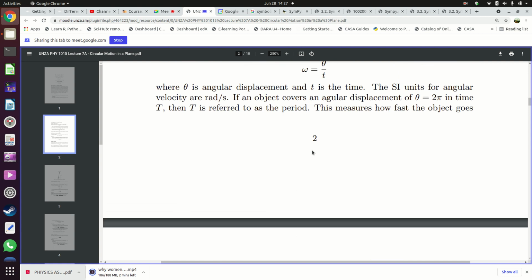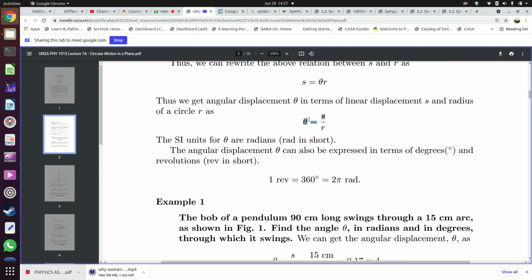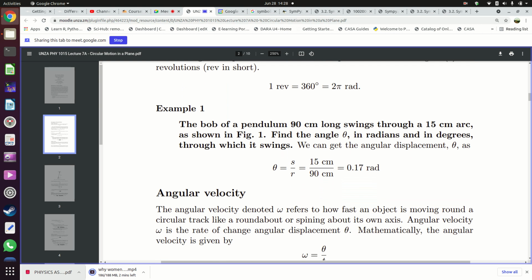So in our case, we know that angular displacement, theta, is equal to the distance s, which has been moved in meters or centimeters, divided by the radius of the circle in meters or centimeters. So in our case, the length of the pendulum is 90 centimeters. This 90 centimeters is the radius of the circular track.